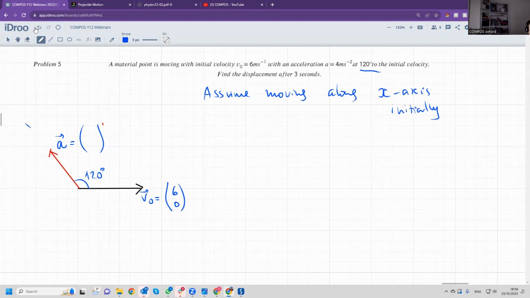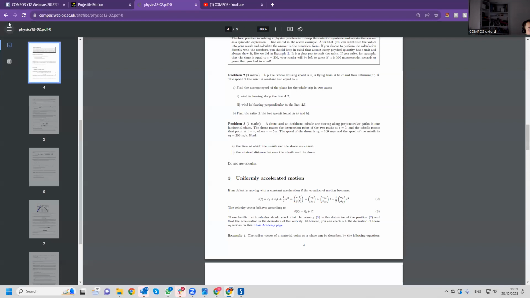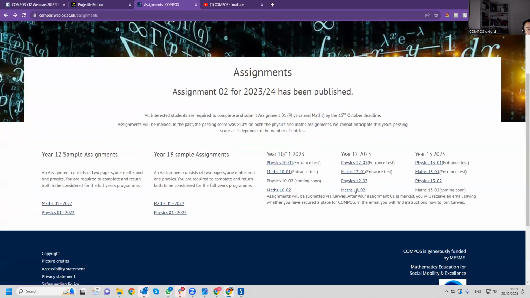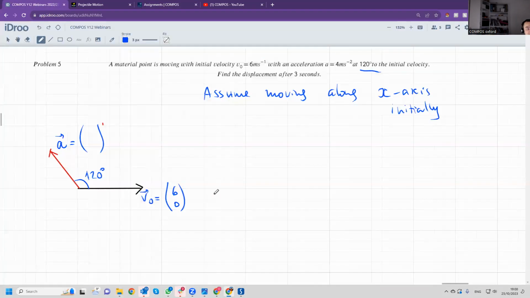As a matter of fact, if you download maths 1302, which is coming soon, I'm still proofreading it, but it will probably come out tomorrow, it has partial derivatives in it. 4 cos 120, 4 sine 120, very good, thank you.